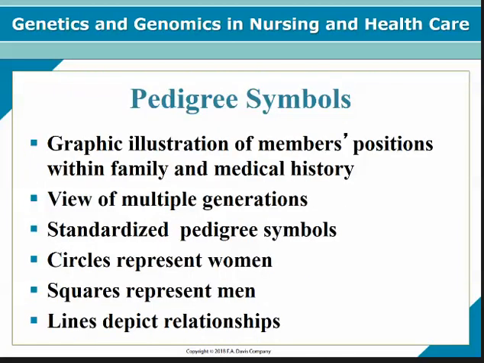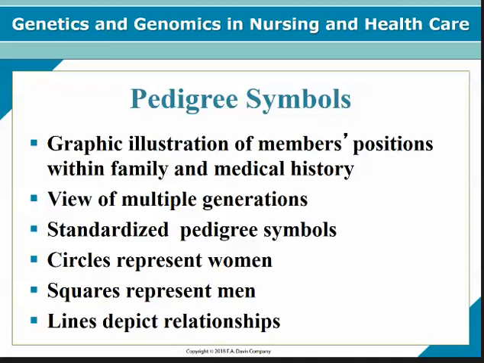Pedigrees are constructed from, like I said, a standardized group of symbols, and the symbols are a graphic illustration that shows the member and their position within a family and certain medical histories.